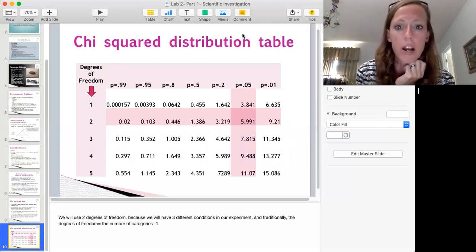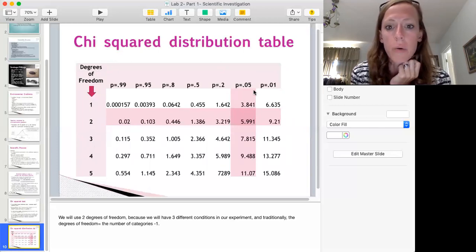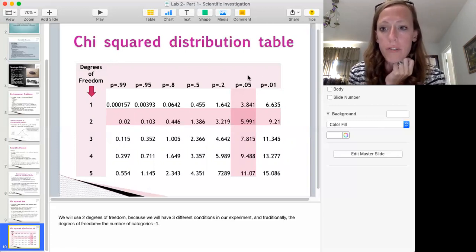So we then look at our chi-square distribution table here, and you go down, you select 2 degrees of freedom, okay? And you look down at your probability of 0.05, because that's by convention what we agree on as scientists is kind of the cutoff. And that gives us a number of 5.991. We need to compare our chi-squared value to 5.991.